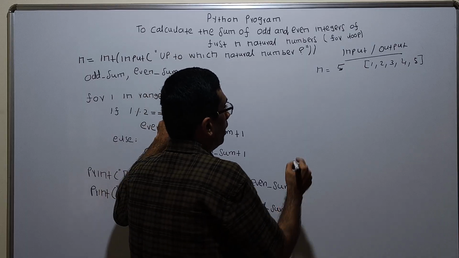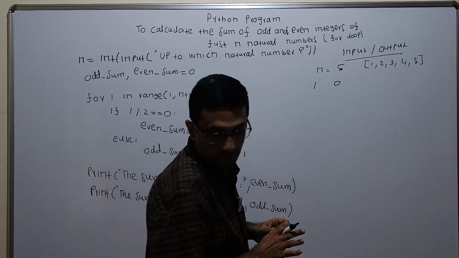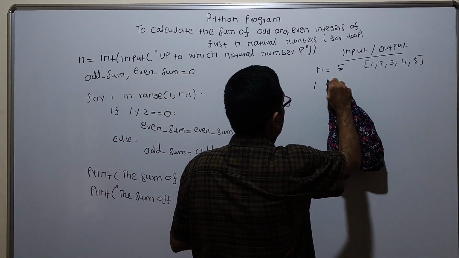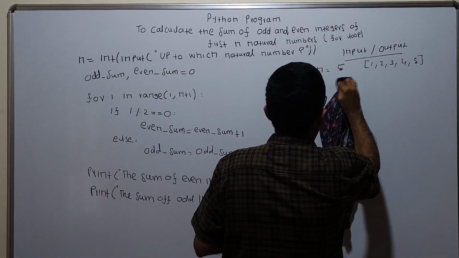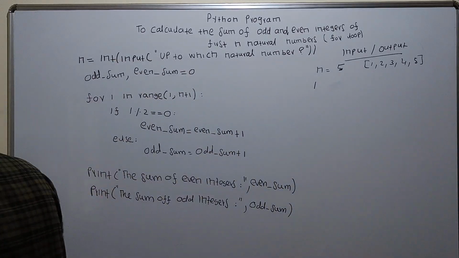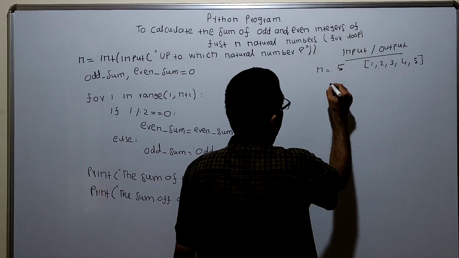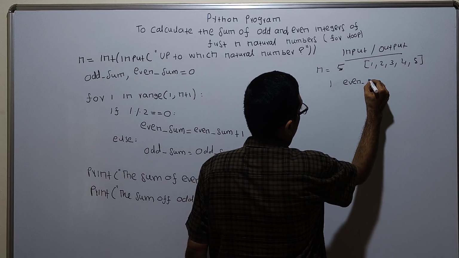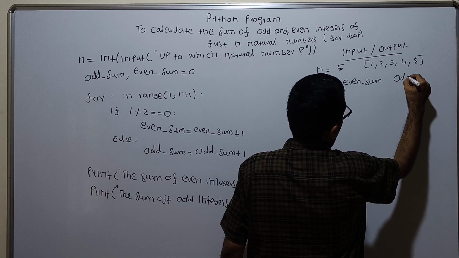Here I am having the i value, the even sum and odd sum.